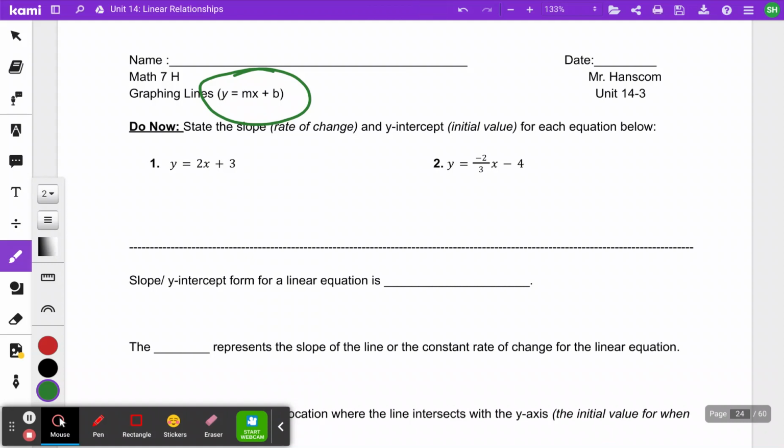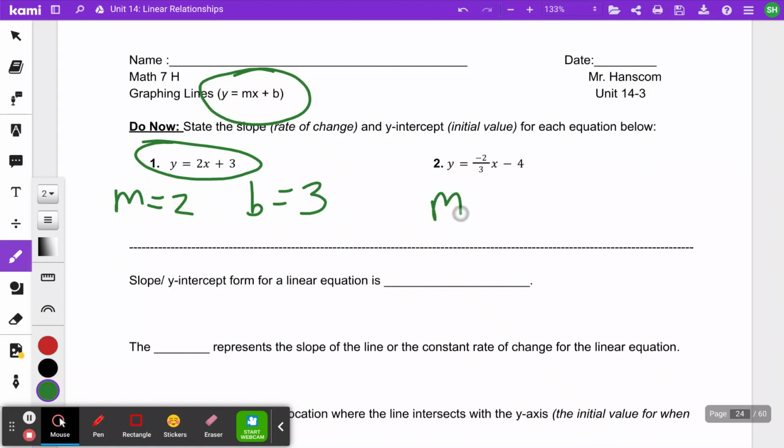So if you compare y equals mx plus b to this first question, which would have been our do now, you can see that in the m spot, you have the value 2. And in the b spot, you have the value 3. So our slope or our rate of change for that line is 2, and the y-intercept for that line is 3. You're going to see how that affects our graphing process in a few moments.